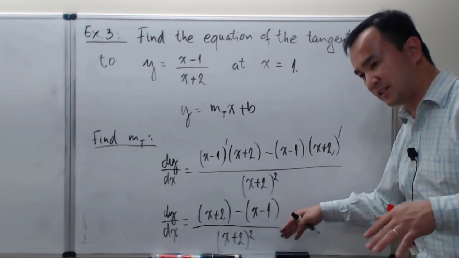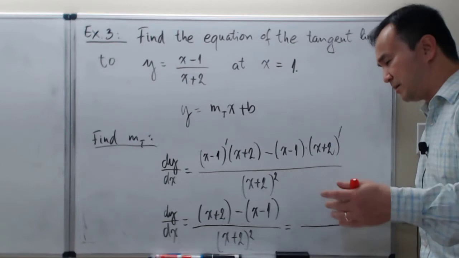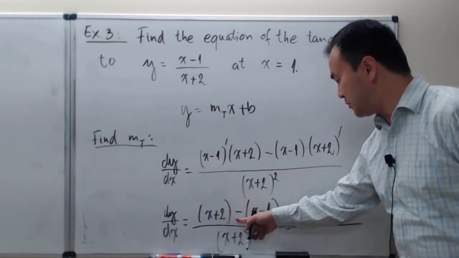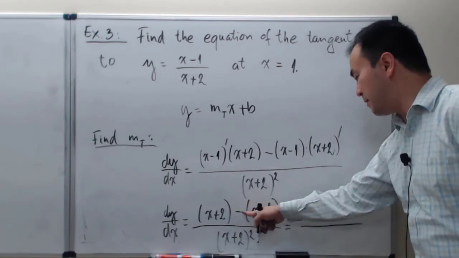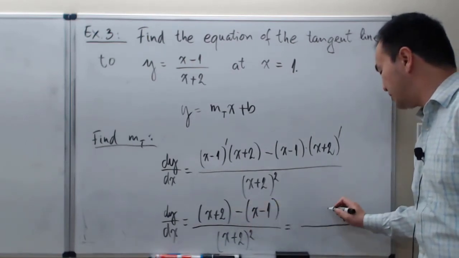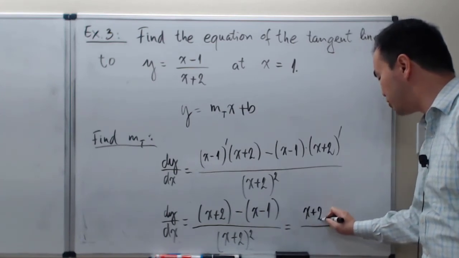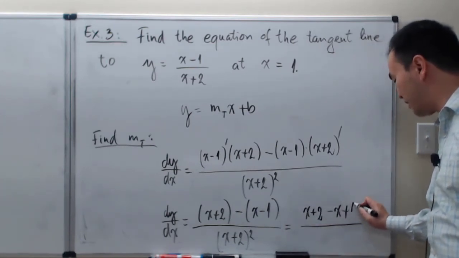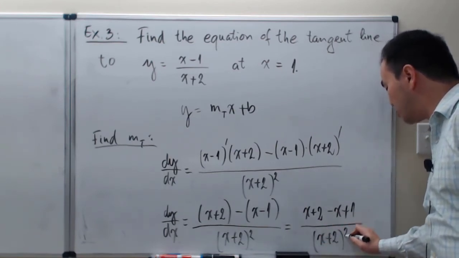For a problem like this, it's simple enough that we can do some mild simplification. So x plus 2 minus x minus 1 in parentheses, all over x plus 2 in quantity squared.